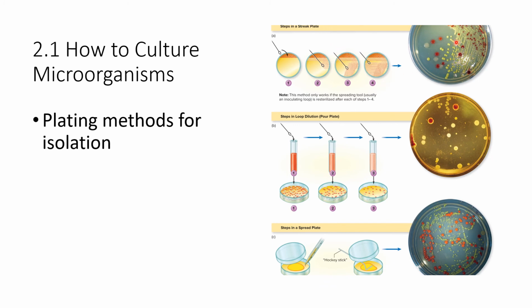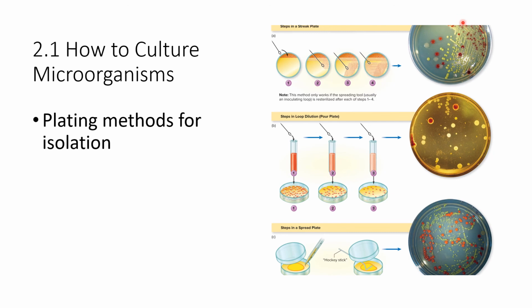So as you see on this plate here, the lines where they went this way were sterilized, then went this way, sterilized, then went that way. Notice red, white, and lots of yellow. I can't do anything with this mix.